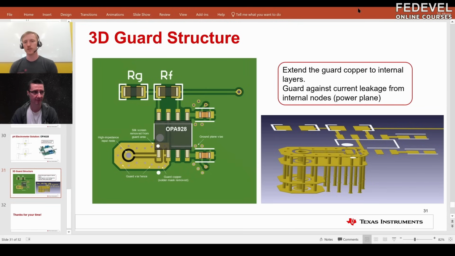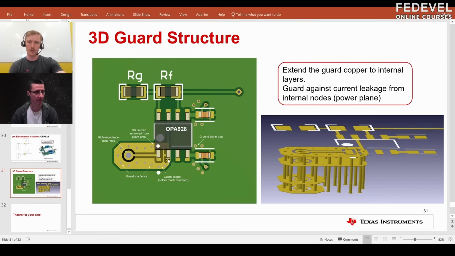So what we do here is we have a guard structure that goes all the way into the board layers by using vias and these copper pours. You can use the mouse to show the area. Yeah, so that's this area here on the surface layer. And you'll notice that this is connected to this pin, which is actually an internal guard buffer.